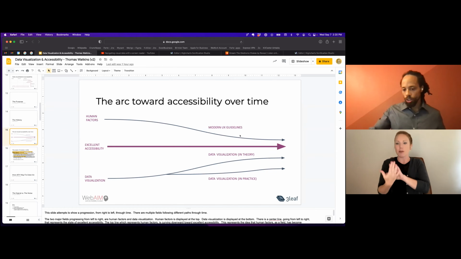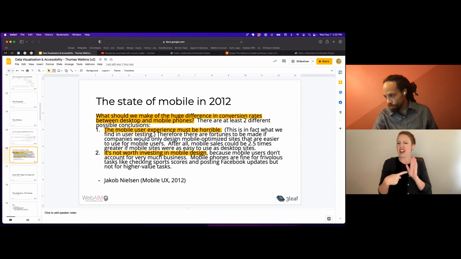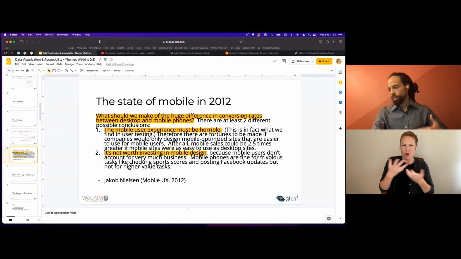And just to give an example about how far we've come just in the past 10 years in UX, I'm showing a quote here of Jakob Nielsen from Mobile UX, a book 10 years ago. And I'm just going to read the highlighted portions here as he's talking about how bad mobile usability is back then. What should we make of the huge difference in conversion rates between desktop and mobile phones?